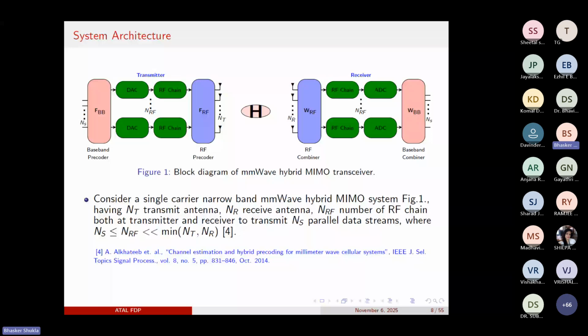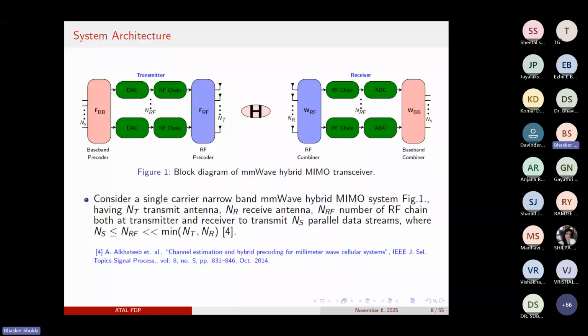So due to that, the complexity of the system increases, and power consumption also increases, because in millimeter wave there are many antennas, a large number of antennas at the transmitter and receiver side.